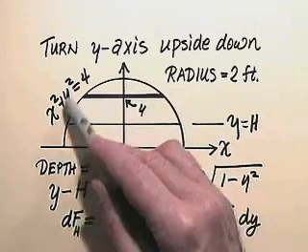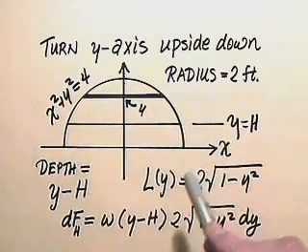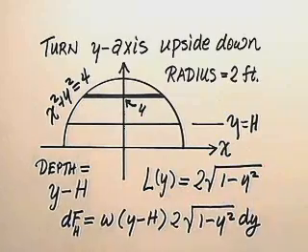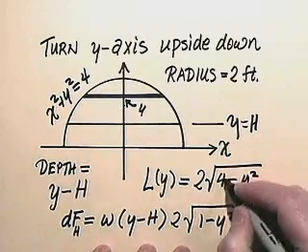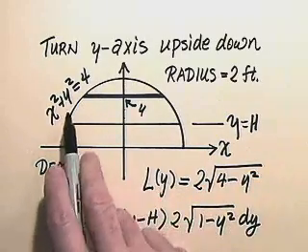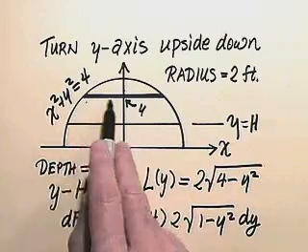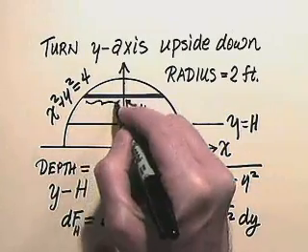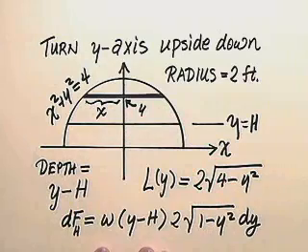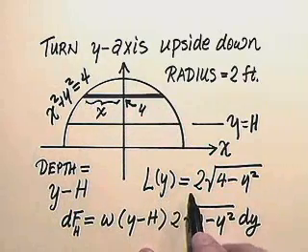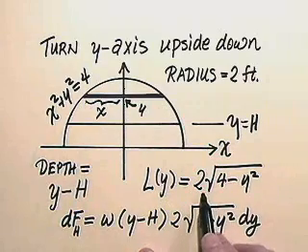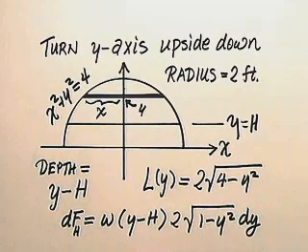Well, notice the equation is x squared plus y squared equals 4. So the length across here is x from here to here, x equals the square root of 4 minus y squared. And so consequently, the length at y is twice x, twice the square root of 4 minus y squared.